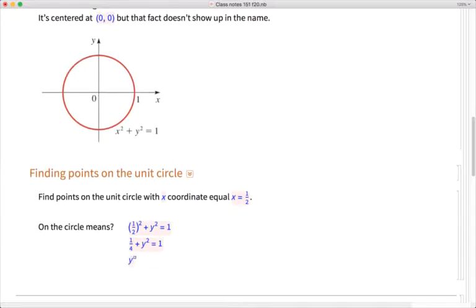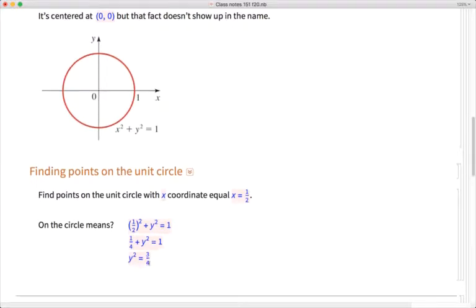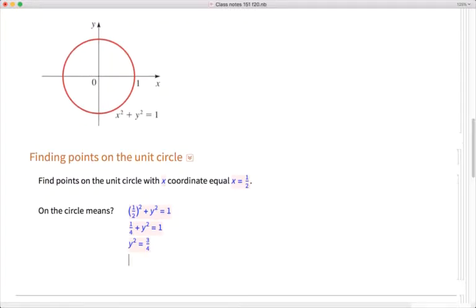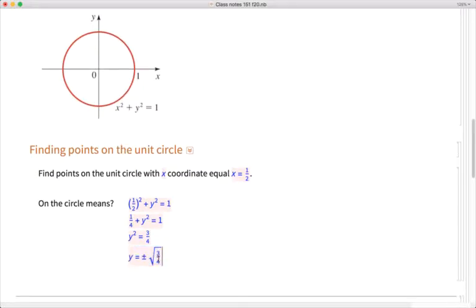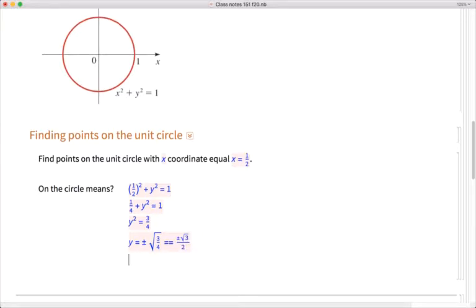So y squared will be 3/4, and then we'll take the square root, and we get two solutions here. This is plus and minus the square root of 3/4, and to make this look a little more familiar, I'm going to simplify this. When we take the square root of the denominator, we get 2.